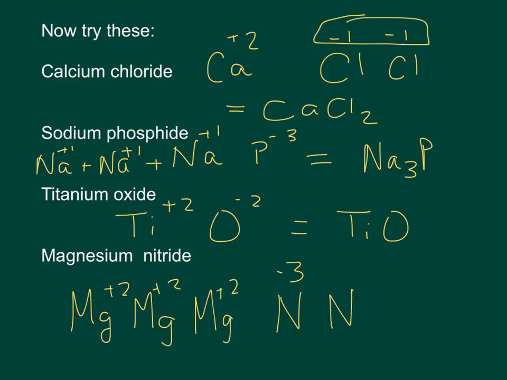Now if I add another nitrogen, that gives me 6. So I now have +6 and -6. Now I have a cancellation. So I'm going to write Mg, and there's 3 of them, and I'm going to write N, and I see 2. So Mg3N2. That was probably the hardest one on this page. Good job if you got it.